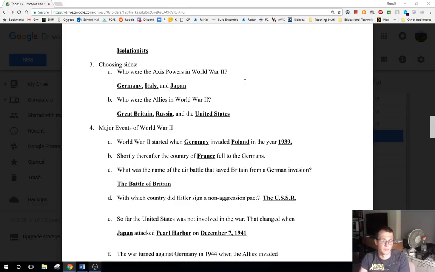So we get the Battle of Britain. The Battle of Britain is basically a bombing campaign of London and other major cities in England that we showed. You're going to have Winston Churchill and the RAF, the Royal Air Force, mount a defensive campaign against the German Luftwaffe, which is their air force, and it is somewhat effective.